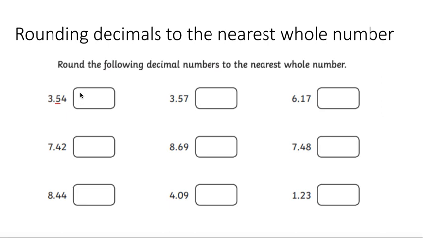The first one, we would round it up to 4. I do apologise, I didn't realise my pen was on there. And this second one, it's got 5 tenths, so we would round it up again. This one only has 1 tenth, so we'd round it down.